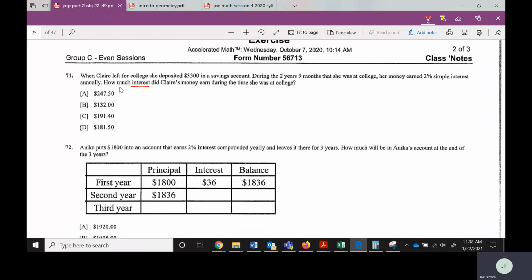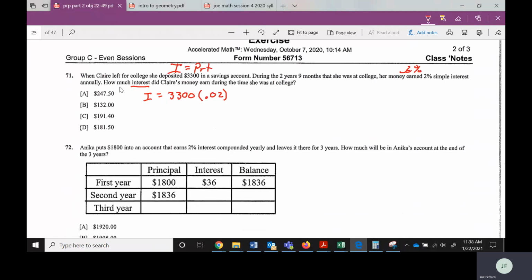So this one, they only want the interest, so we are going to just do this. Okay, so let's fill in the principal, the amount she put in, $3,300. The interest rate, so remember 2%, you got to move it 1, 2, so that's 0.02.